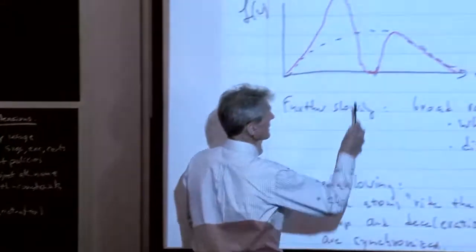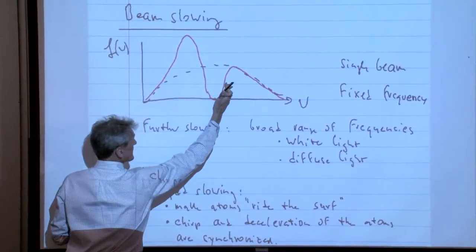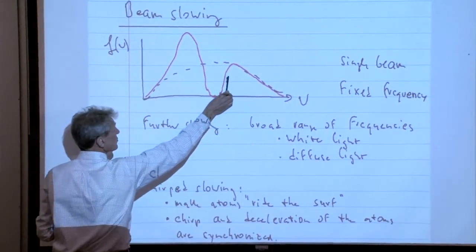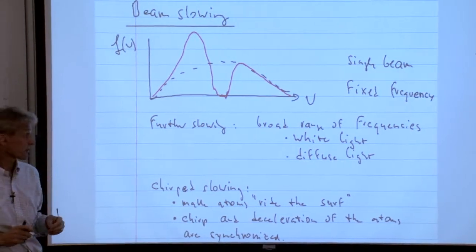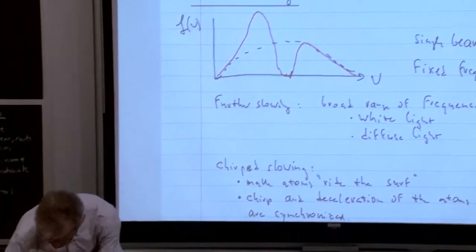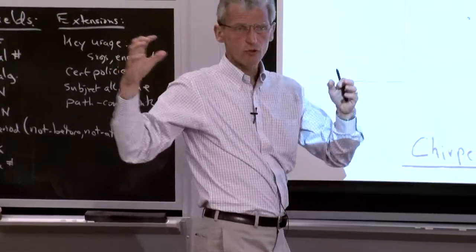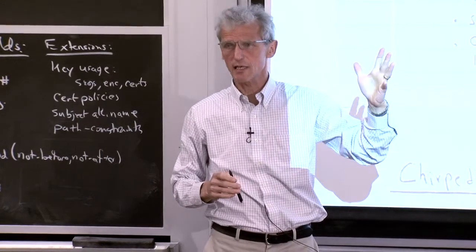You start with a laser beam, which is initially in resonance with a velocity group, and as the atoms slow down, you change the detuning of the laser so that the laser stays in resonance with the atoms. So it is a pulsed technique where you have a continuous atomic beam. You start with a laser and say, now I start slowing.